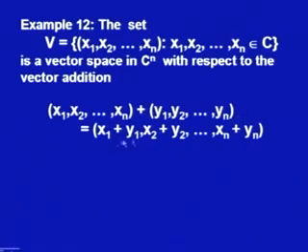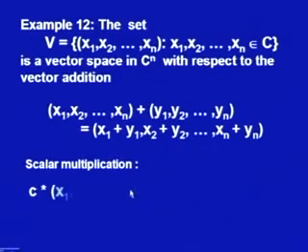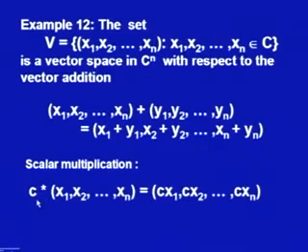So, this sum is (x1 plus y1, x2 plus y2, ..., xn plus yn), while the scalar multiplication is defined as C times (x1, x2, ..., xn) equal to the component-wise multiplication (Cx1, Cx2, ..., Cxn).